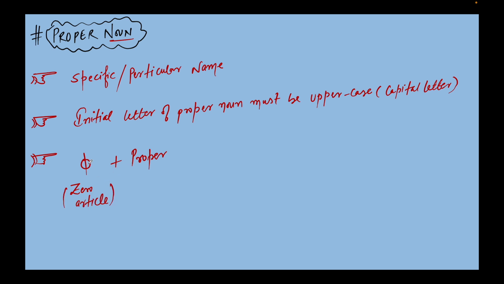If you are mentioning or writing the proper noun of a person, in that case you can't use an article with the name of a person, which is a particular or proper noun. Is it clear?